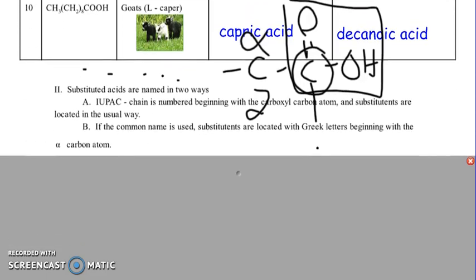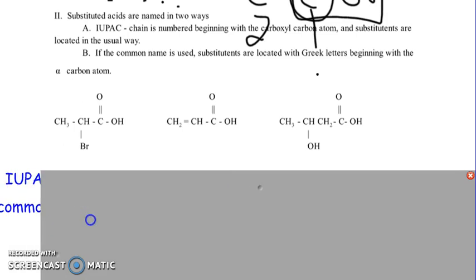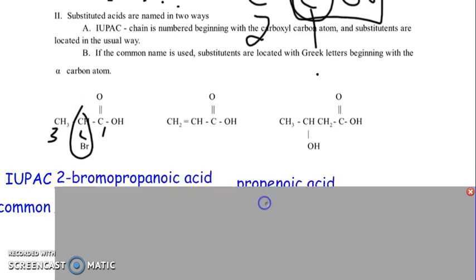So let's go see what we're going to do up here. By the way, I will put the IUPAC name first, and then the common name. So for the first one, if this is 1, 2, 3, I would name it 2-bromopropanoic acid.